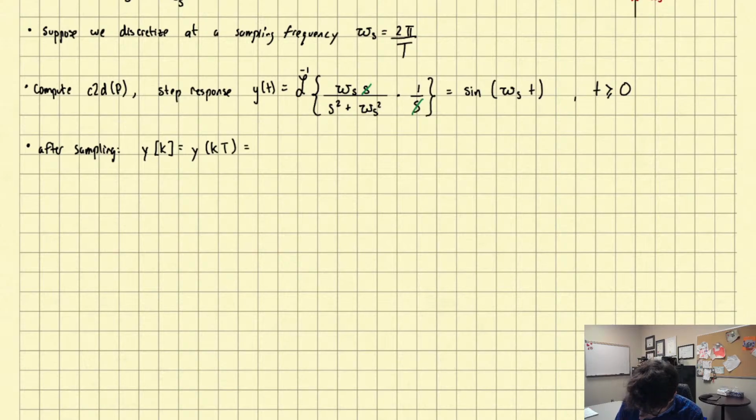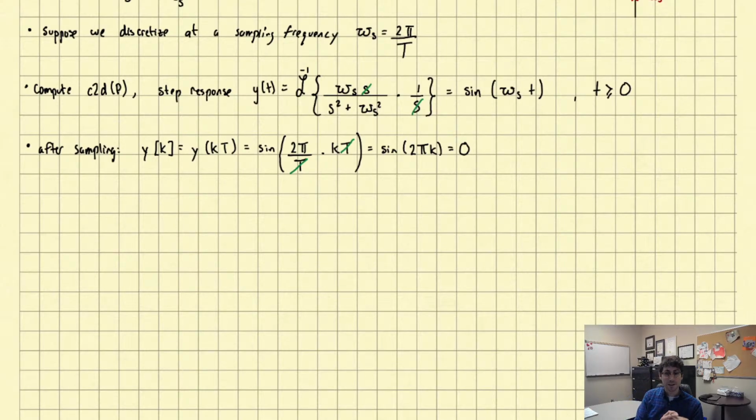Okay, so in this case, it's going to be sine of omega s, which I'm going to write in terms of the sampling period, times kT. These guys will cancel out. And we have sine of 2 pi k, which is exactly 0 for all k.